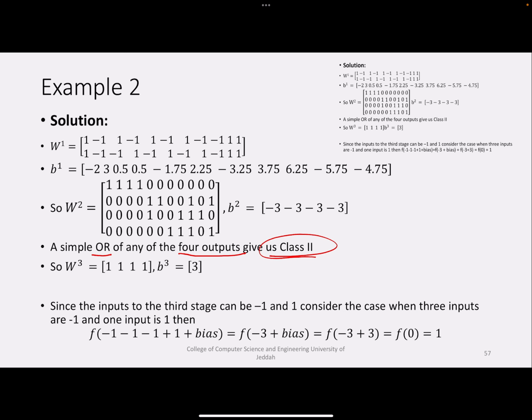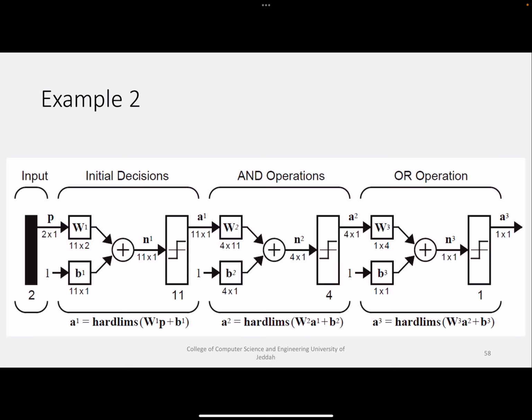For all other cases, it'll mean class 1. And for layer number 3, for a 4-input OR gate, the weights have to be 1, 1, 1, and 1. The corresponding bias for a 4-input OR gate is 3. We did not derive this here. I'm just giving you this for use as is.